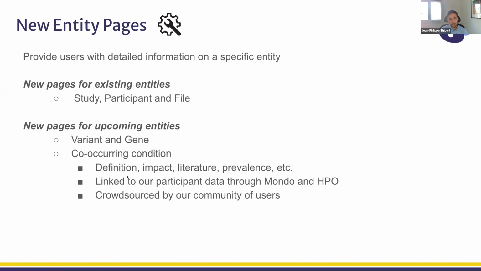What this entity page would have is essentially a definition of the condition, the impact, associated literature, and its prevalence in the context of Down syndrome. And within this page, we're also going to see the relevant Mondo and HPO terms, and the number of participants with those specific Mondo and HPO terms, as we've been saying. And we're also exploring the idea of having a crowdsourced collaboration with community users. But again, this is just an idea.